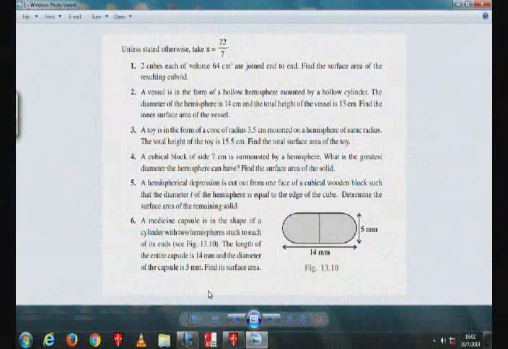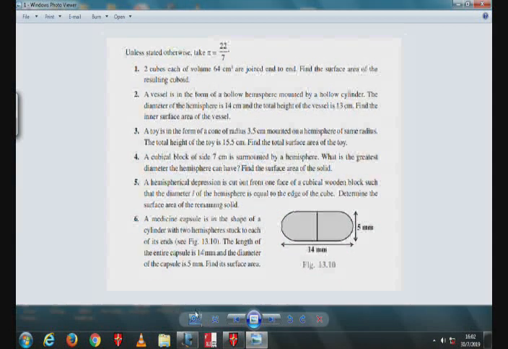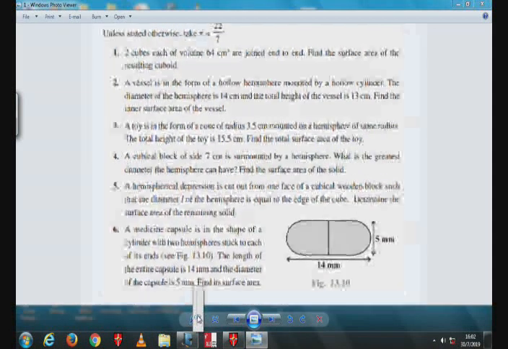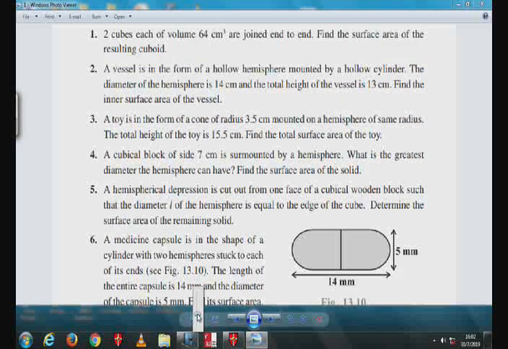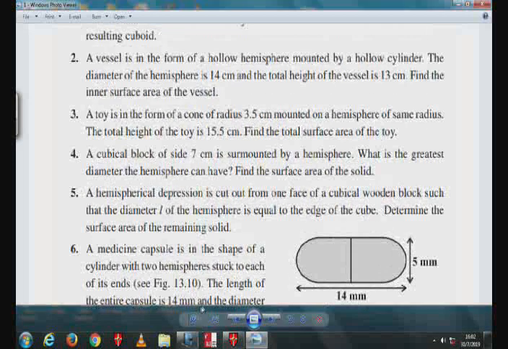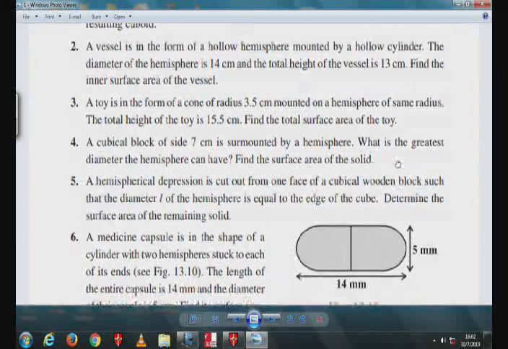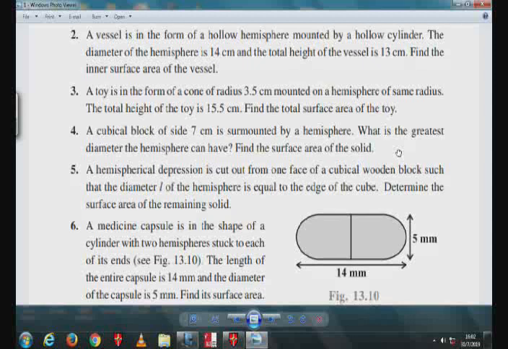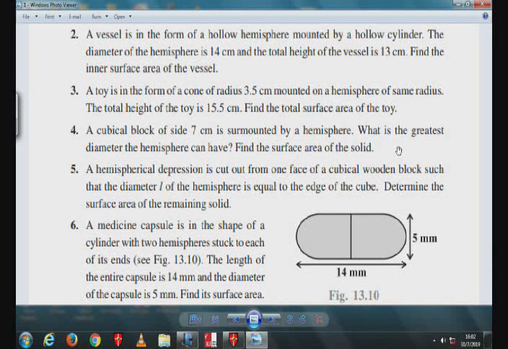All of you can see this? So first of all, try question number 2 in the starting.